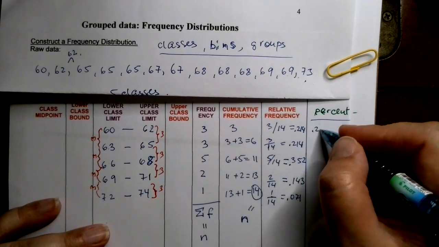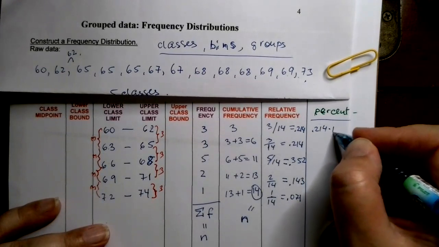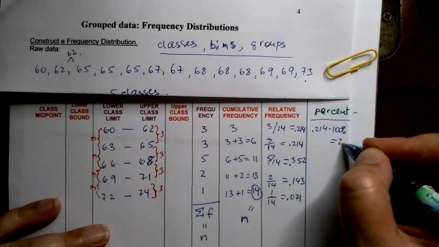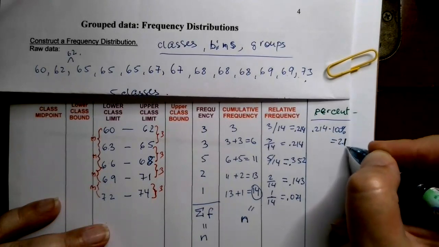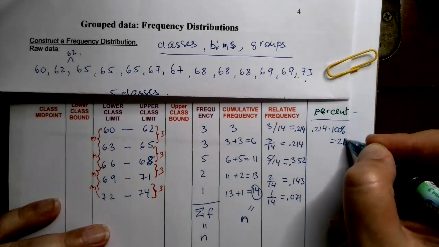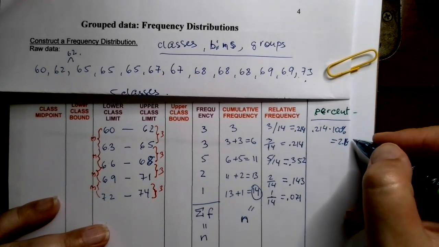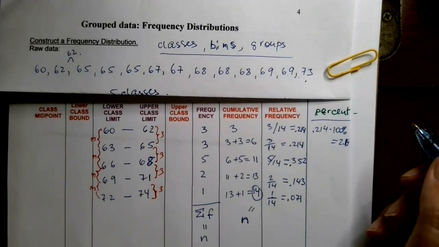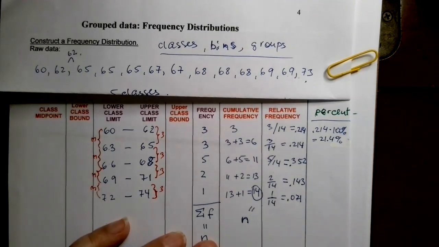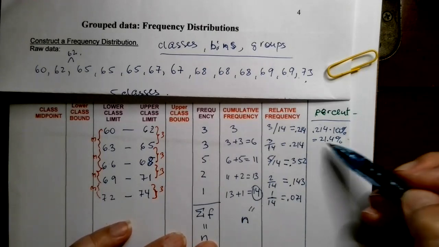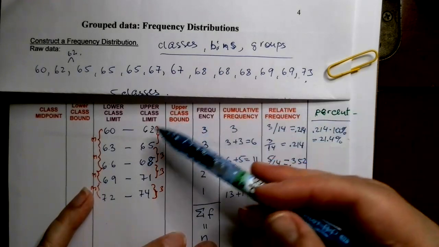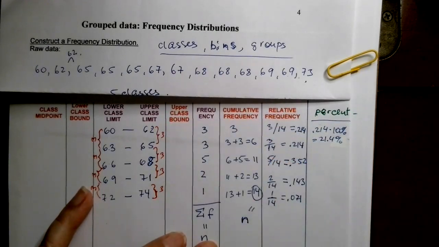So 0.214 times 100% is 21.4%. So 21.4% of all data values fell into the first class.